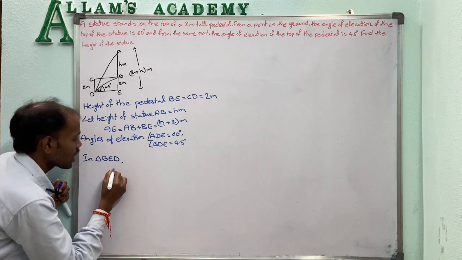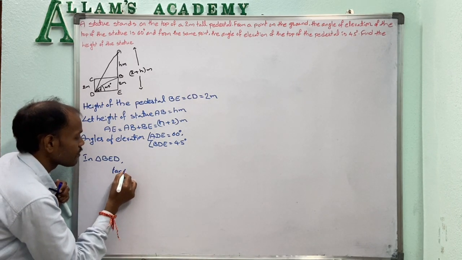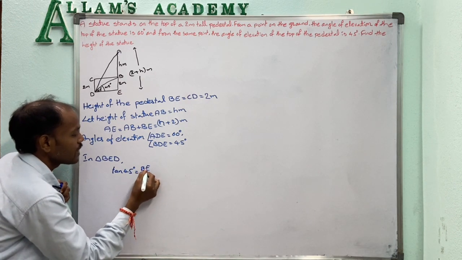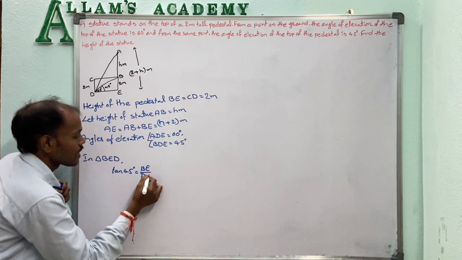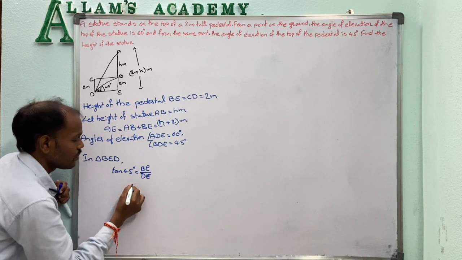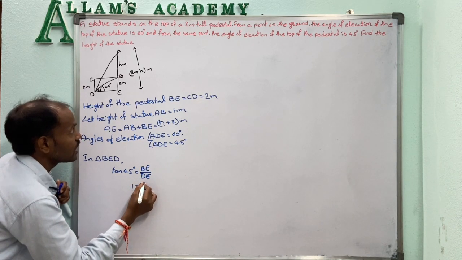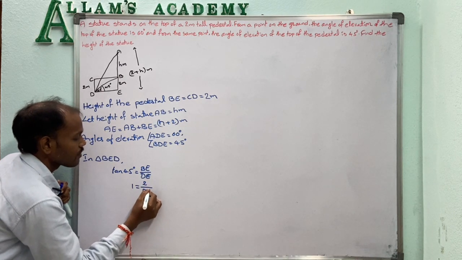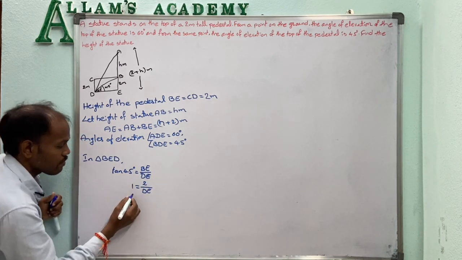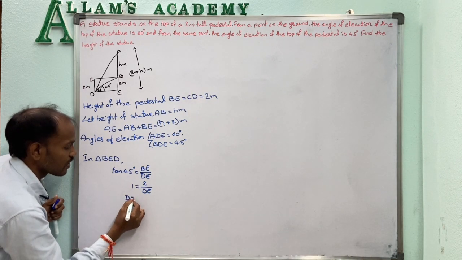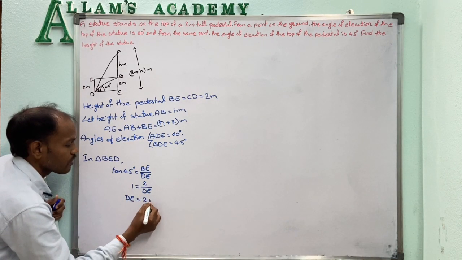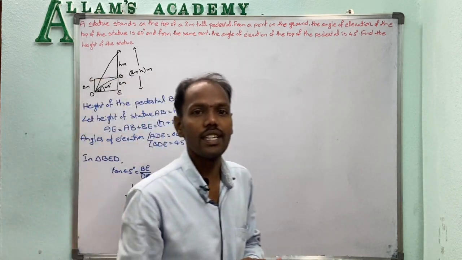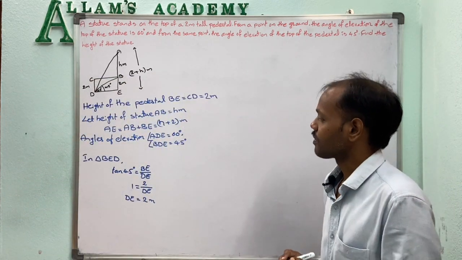So tan 45 degrees equal to BE by DE. Tan 45 equal to 1, that equals 2 by DE. So by cross multiplication DE equal to 2.